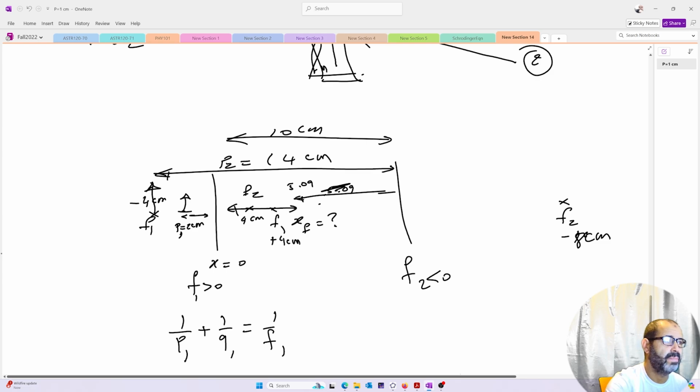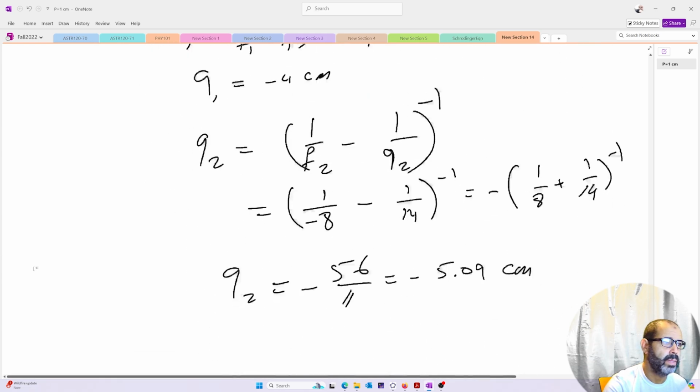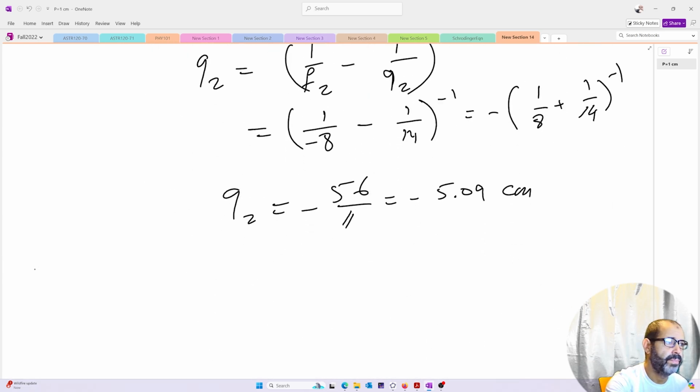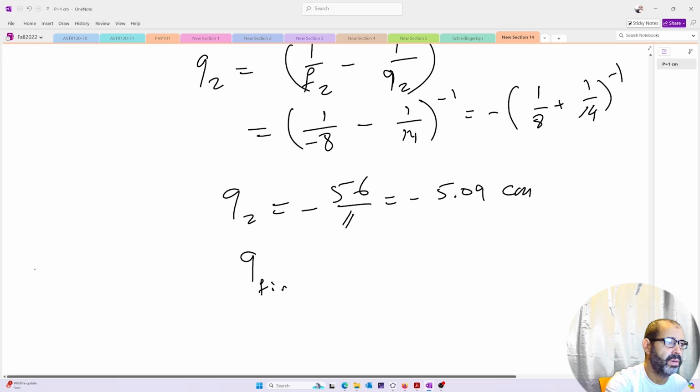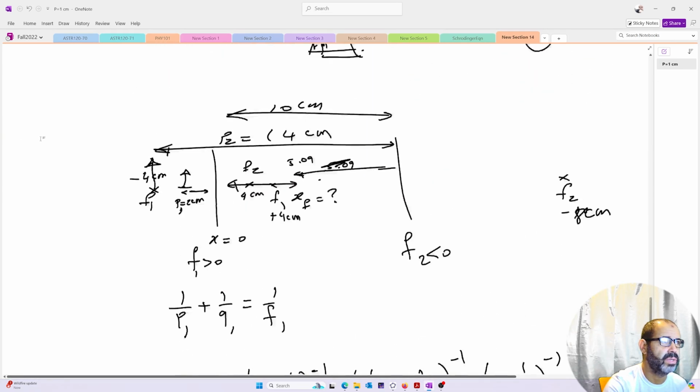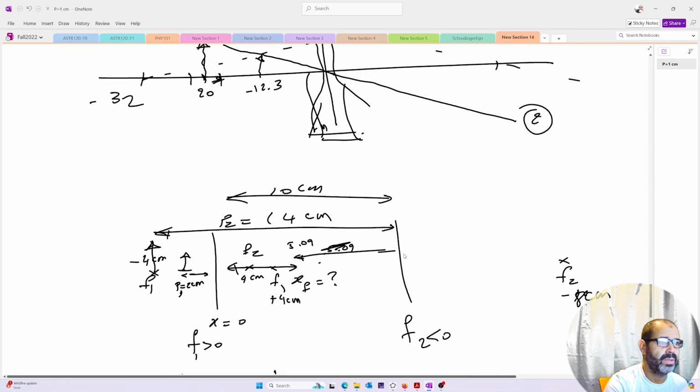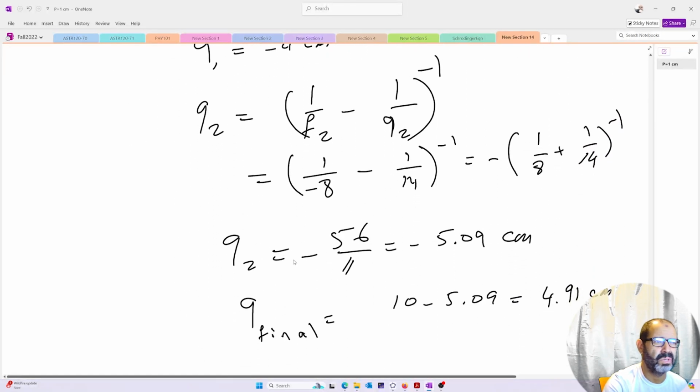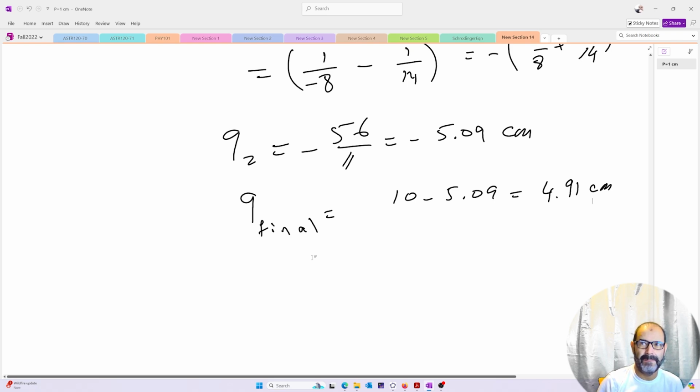And that's going to be 10 minus 5.09. Q final in coordinate systems is 10 minus 5.09, and that should be 4.91 centimeters. So it's closer to this converging lens than the diverging lens, because it's 5.09 away from the other lens. You subtract it from 10, and you find it closer to this lens. It's almost midway, so it's not a big deal.